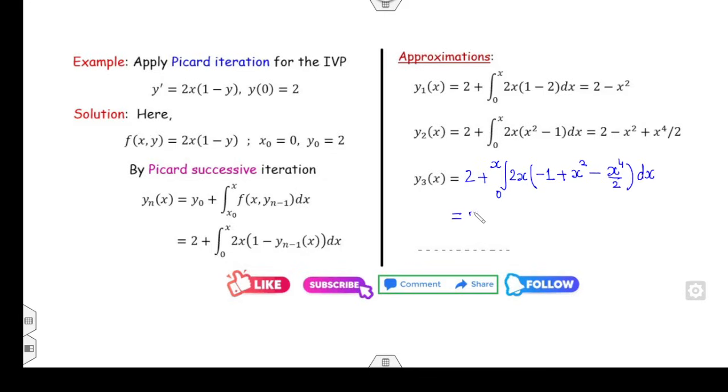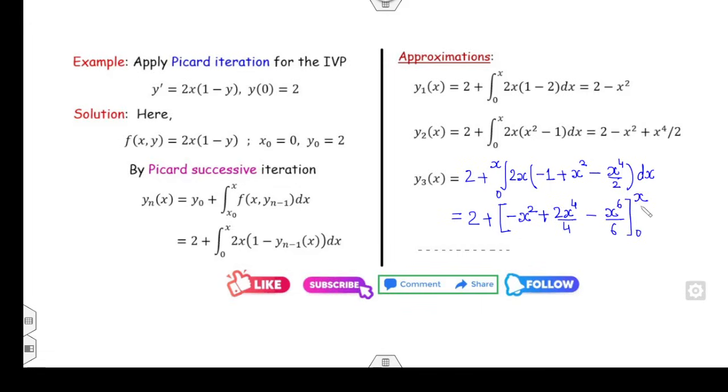Fine. So what is the integration? Twice plus, the first term will be minus of 2x. If you integrate them, it is minus x square. Then twice x cube, if you integrate them, it's twice x4 by 4. Then x5: if you integrate them, it's minus x6 divided by 6 from 0 to x.